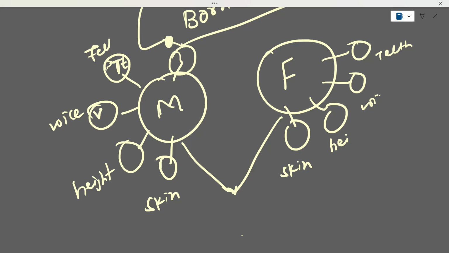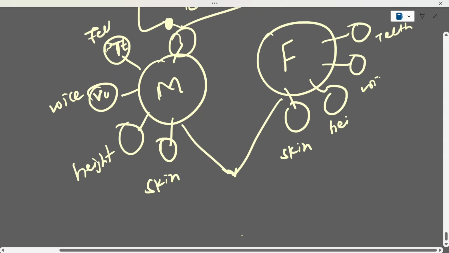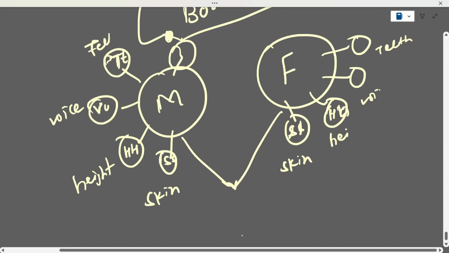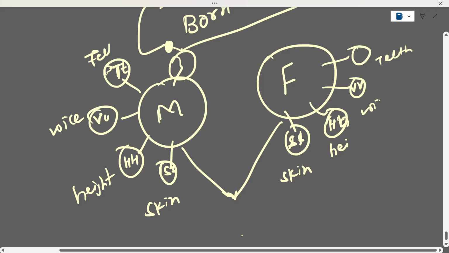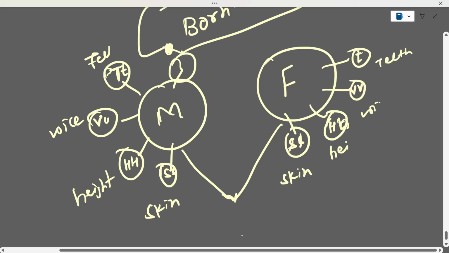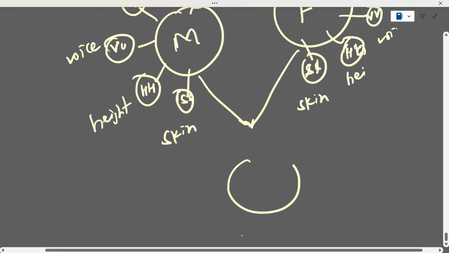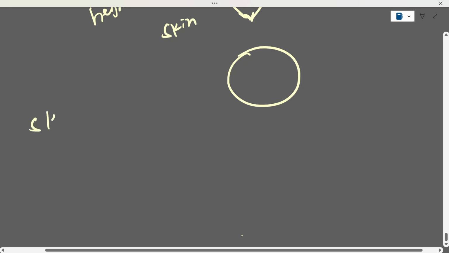So here the traits will manifest in this way: skin, both recessive; height, one dominant, one recessive; voice, both dominant; and teeth, both recessive. And now the offspring has the choices for skin, for voice, for height, and for teeth.